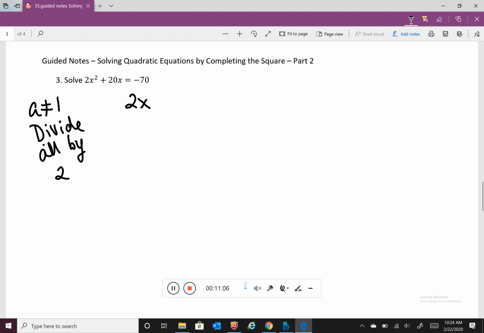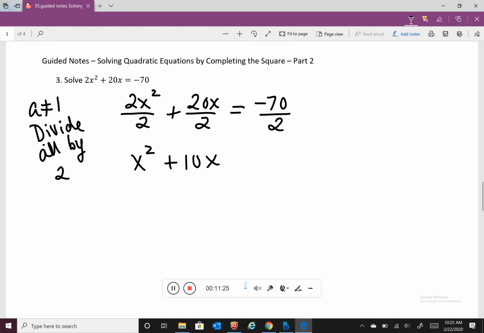So we have 2x squared divided by 2 plus 20x divided by 2 equals negative 70 divided by 2. So this simplifies to be x squared plus 10x, and I'm going to leave some space here, equals negative 35.